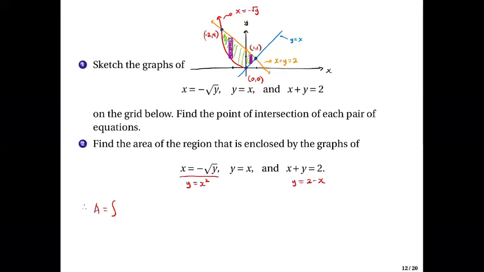So we have the integral from -2 to 0 of the above function, the yellow line, which is 2 minus x, minus the below function, the parabola y equals x squared. So minus x squared in here. And then we have the dx.